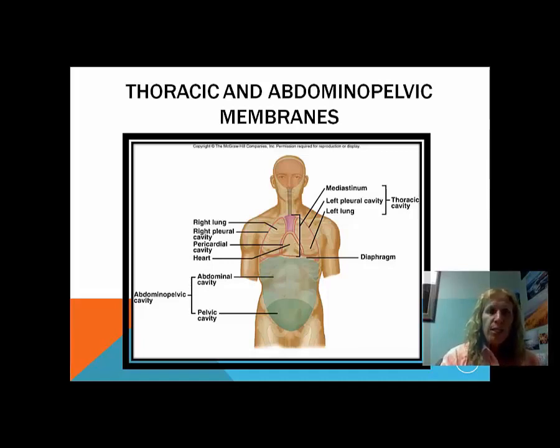The membrane that lines the abdominal cavity is the parietal peritoneum, and the membrane that covers the organs of the abdominal cavity is the visceral peritoneum. So again, we have the pleura, the pericardium, and the peritoneum, and in each one of those systems we have the parietal and the visceral.